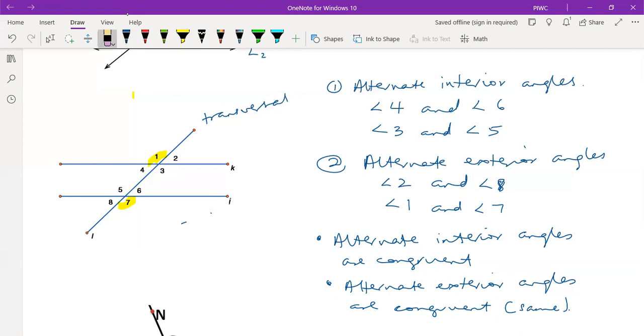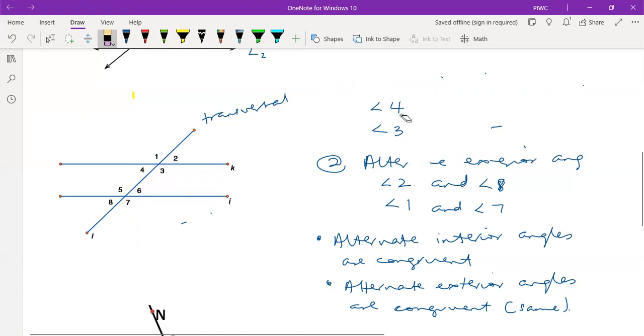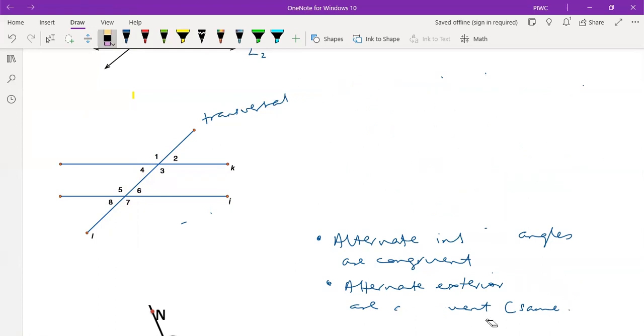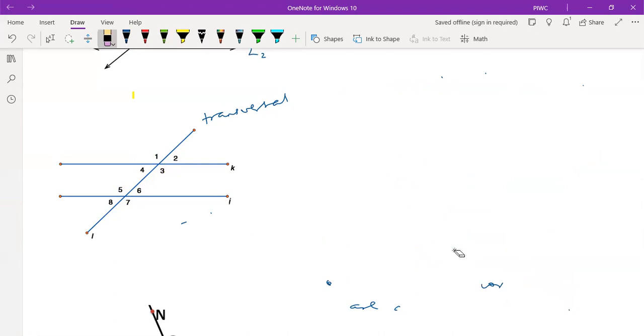Now, some other angles that we can also identify on the parallel lines will be the opposite angles, or what we call the vertical angles. So let's try vertical angles. What are the vertical angles?